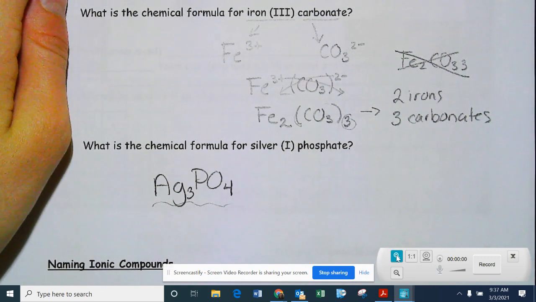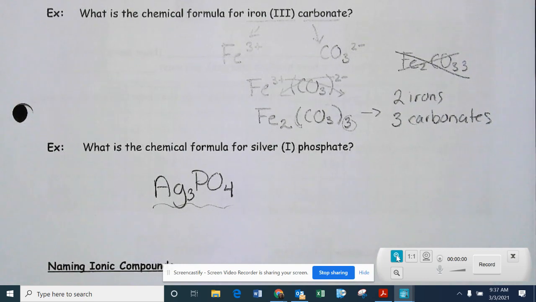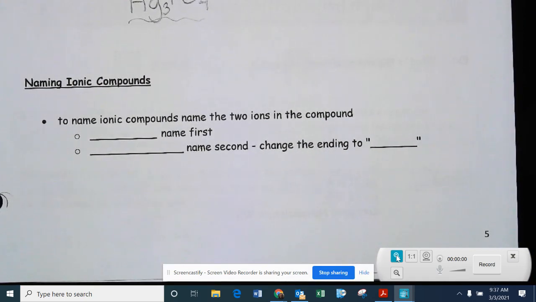Okay, any questions about writing out formulas, when to include brackets, when to include Roman numerals? I'll make a flow chart on the board afterwards as well, that kind of runs us through when we need to use those things. But first we're going to talk about naming. So this is just the opposite of what we've been doing so far, going from the compound's formula to its name.